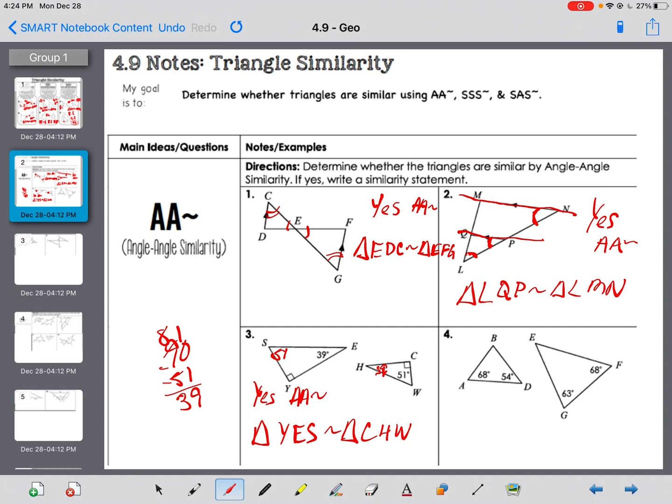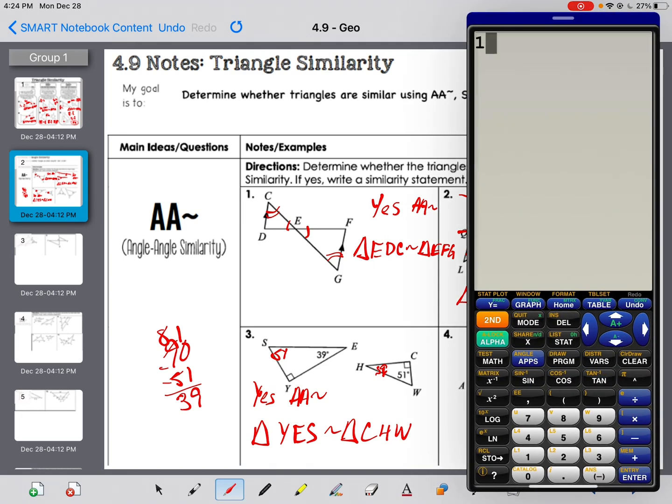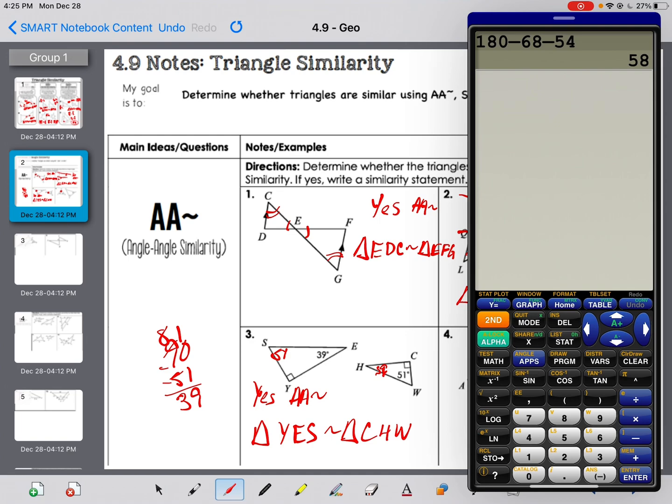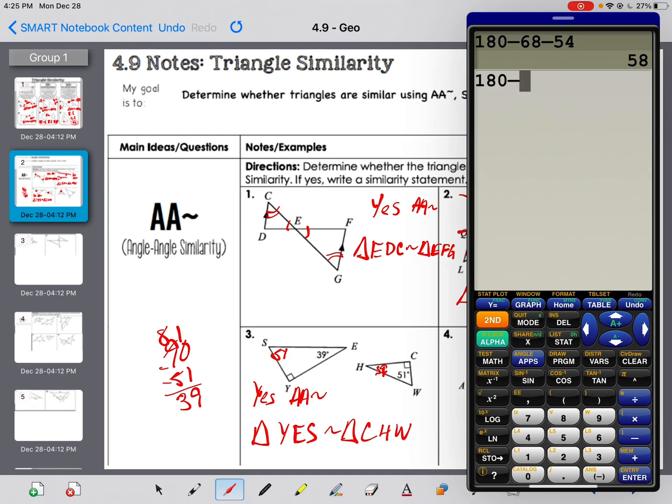Well, I am pretty sure that this is going to be a big fat no. But let's do the math. All right, so 68 and 54, right? 180 minus 68 minus 54 is 58. And that's just not a 68, or not a 63.